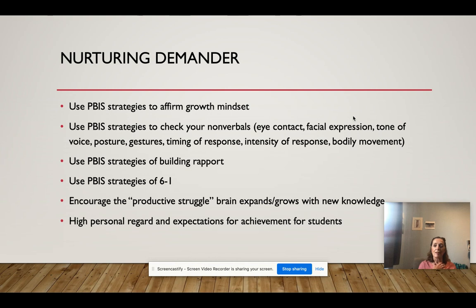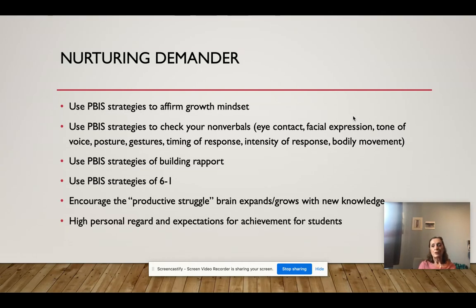Remember that your paralanguage, your words, your facial expression, your tone of voice, all has to be in sync. You know, I care about you versus, I care about you, and looking away, right? You want to check your eye contact, that facial expression, tone of voice, posture, your gestures, your timing of your response.